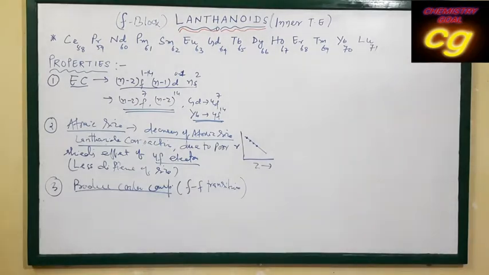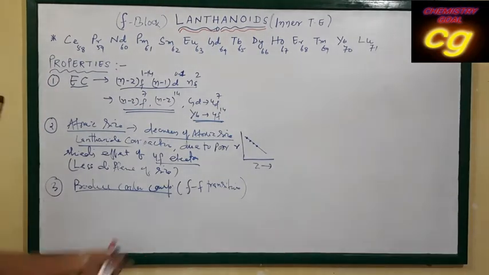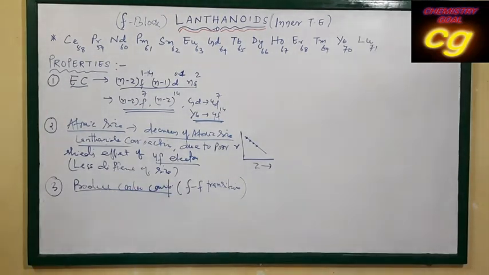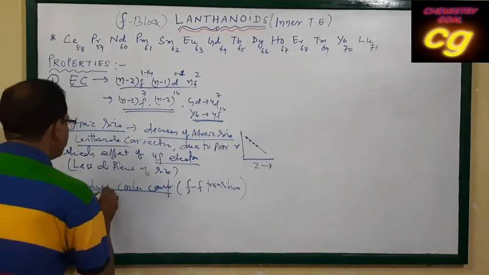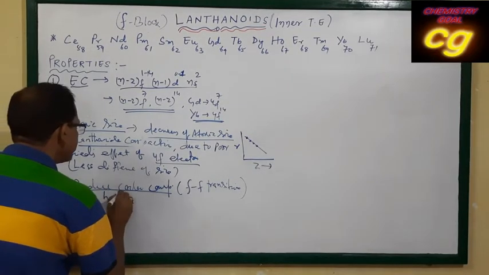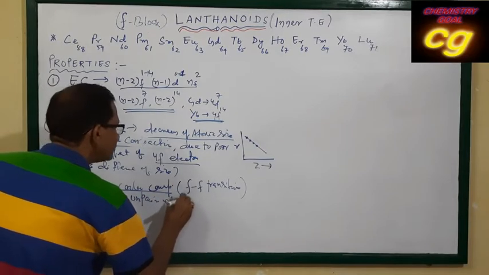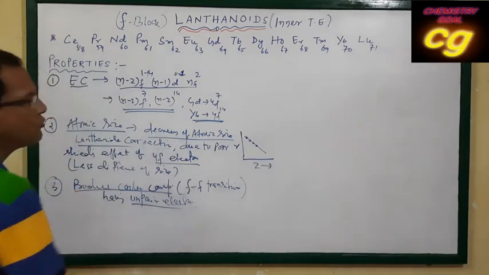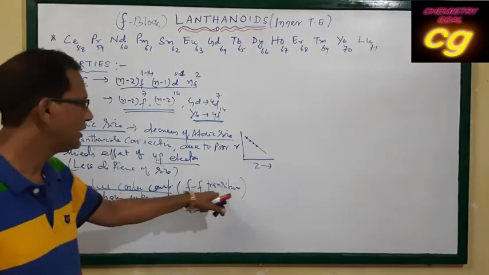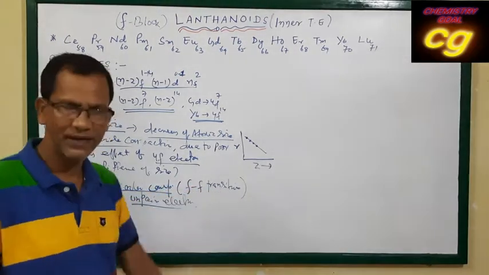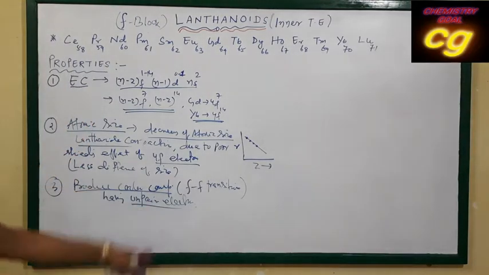Due to f-f transition. Due to f-f transition, having unpaired electrons, they produce color.